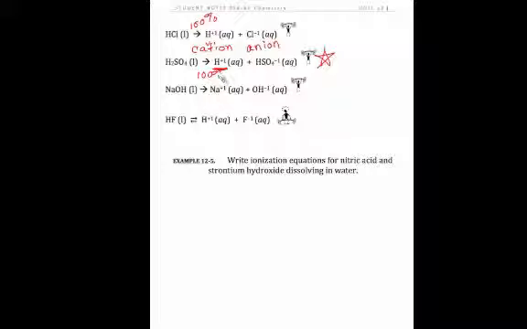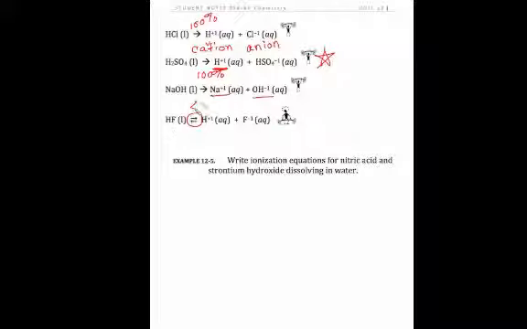So the first H+ comes off and it goes 100% to these products as written. NaOH is a strong base, and it breaks into sodium ion and hydroxide ion.